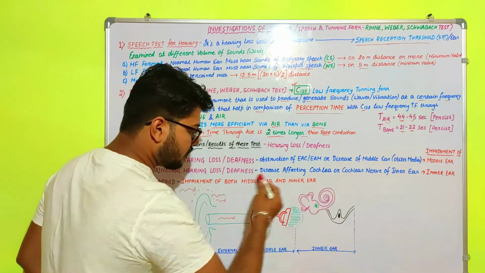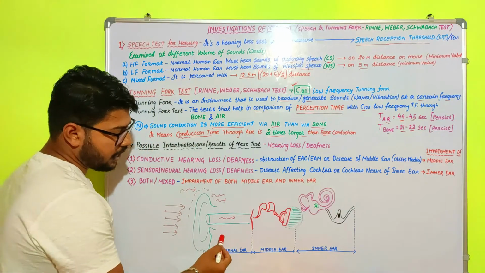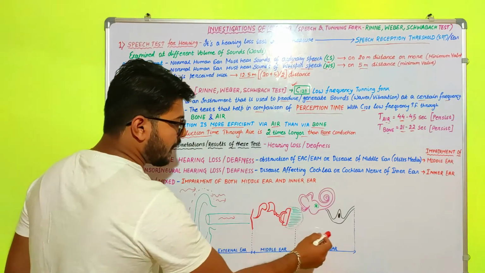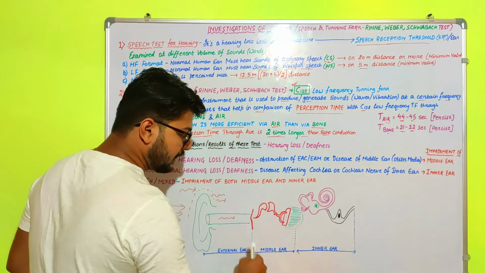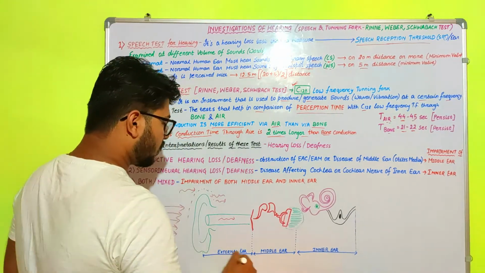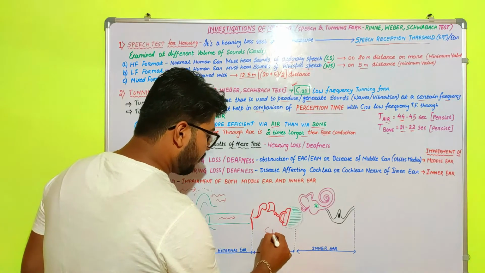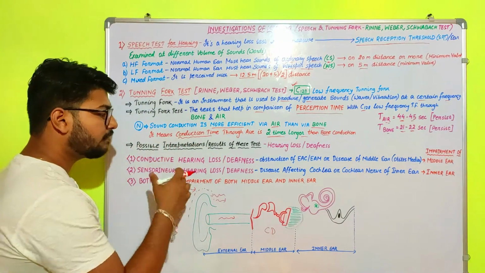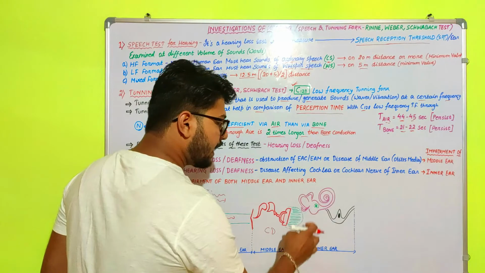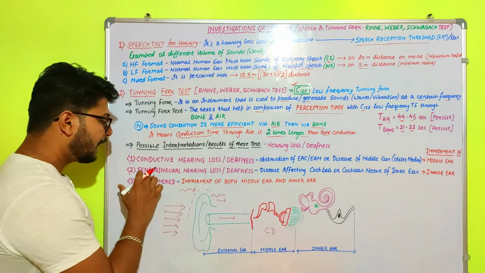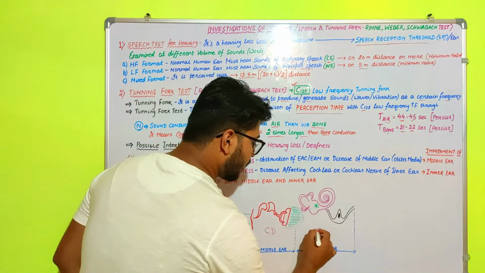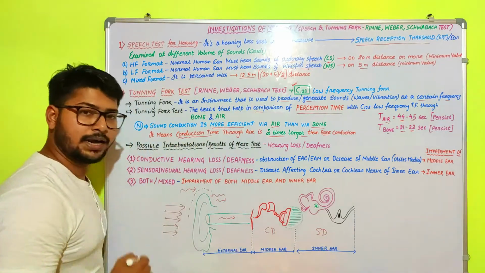So this is the structure of the ear. This is the external ear, middle ear and inner ear. If there is any kind of problem in the middle ear, then we are going to conclude that it is conductive deafness or conductive hearing loss. If there is any kind of problem relating to the inner ear, then we are going to conclude it as sensorineural hearing loss or sensory deafness.